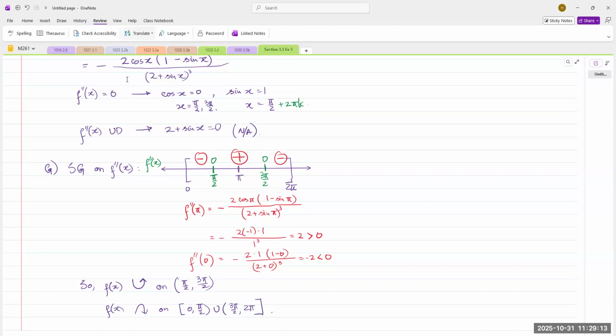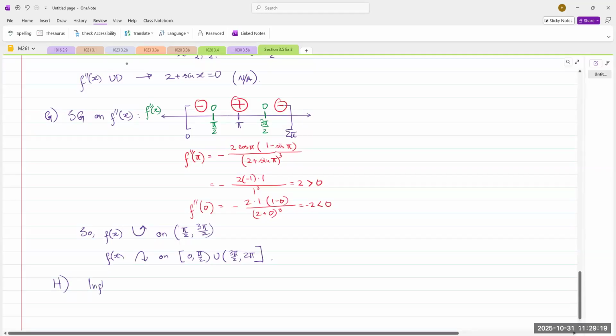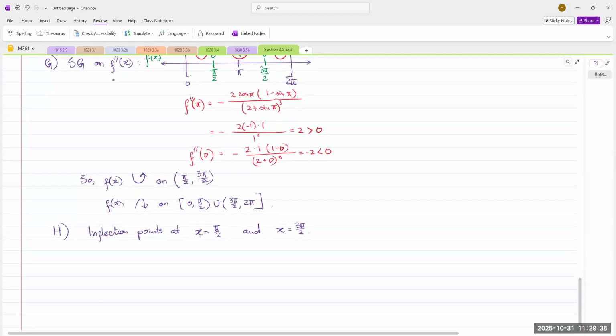Okay, from there we also see that for part H, the inflection points are at x equals pi over 2 and x equals 3 pi over 2. So what is the value of the function there? So that we get the coordinates, right?